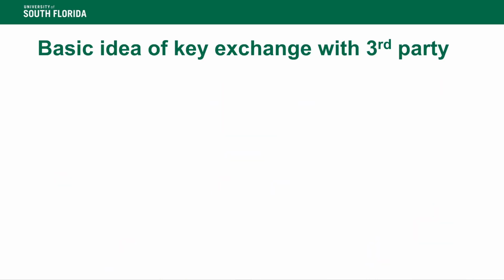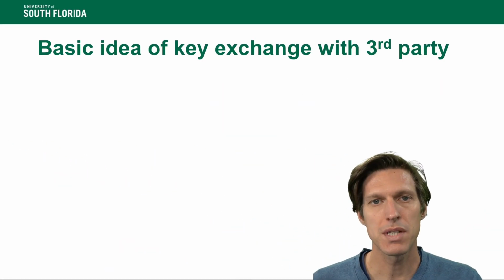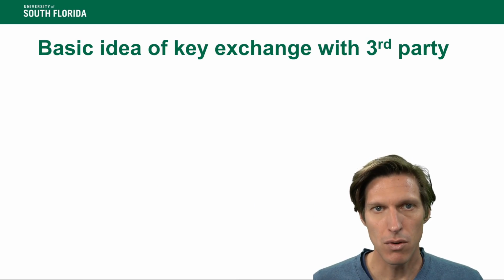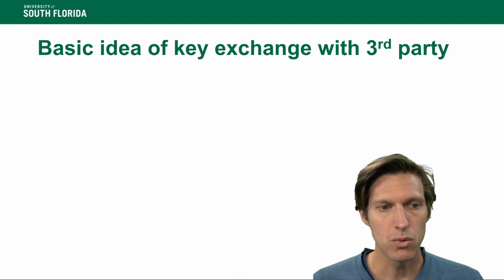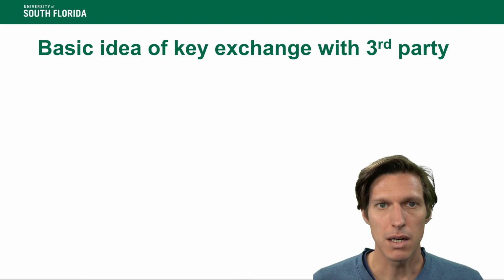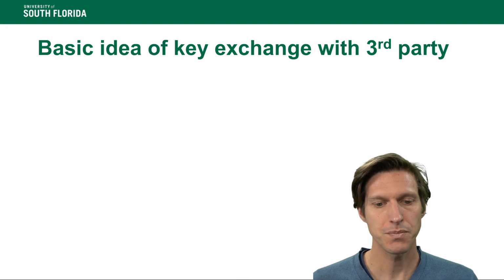So how can we do that? First, let's present a basic idea of how to use symmetric key cryptography to help Alice establish a communication with Bob, resulting in them sharing a secret session key that they can use, for example, with a block cipher.